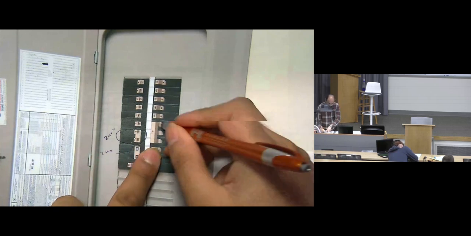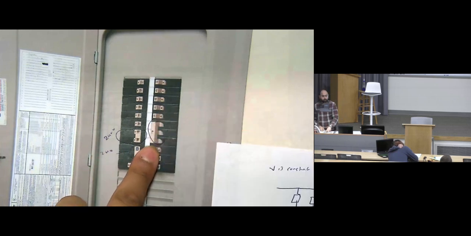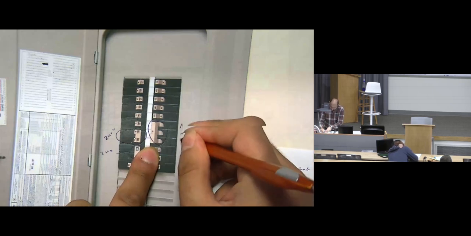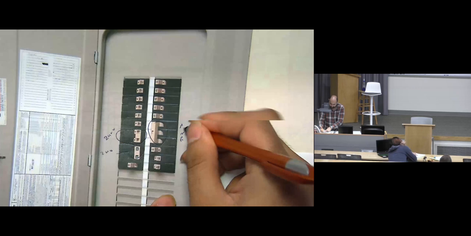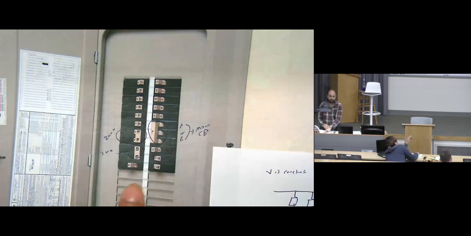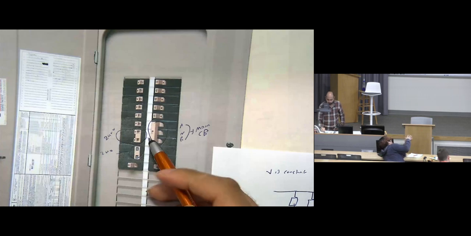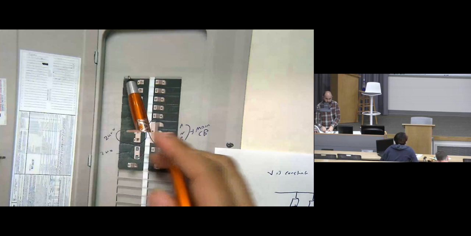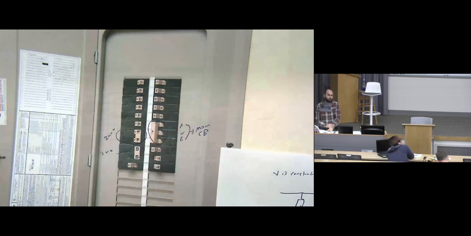What about this one? This one has 3, which means A, neutral, and B. So this means this is the main circuit breaker. The main circuit breaker exists as a backup protection. If we assume that there is a failure and one of the circuit breakers didn't disconnect, then the main circuit breaker will disconnect after that.